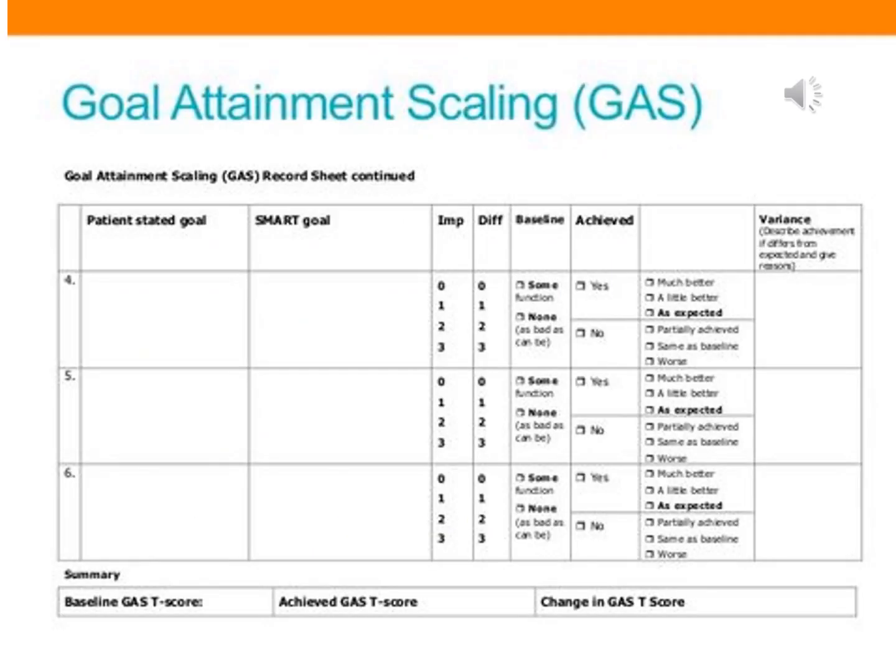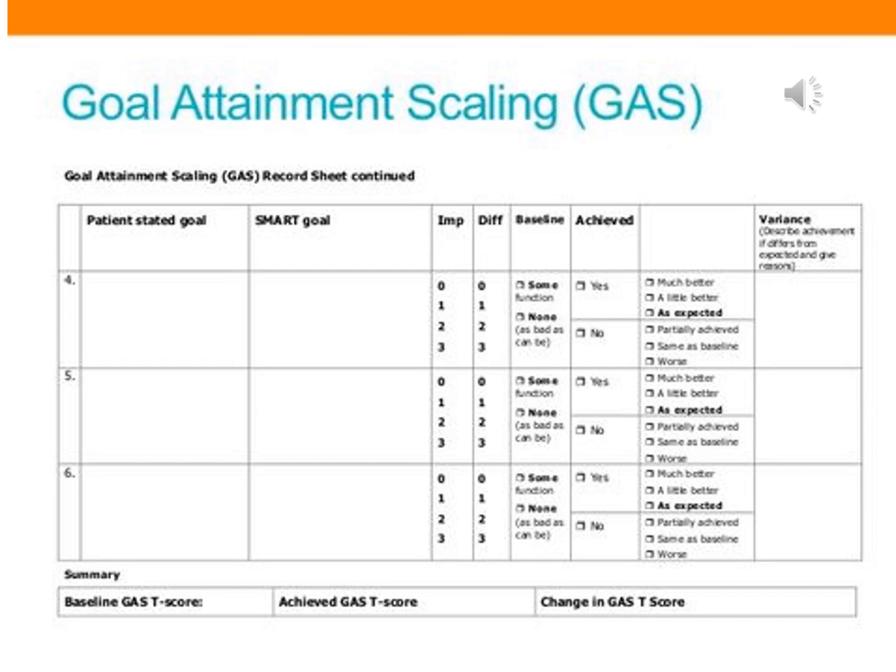This last slide on the goal attainment scaling shows a sample score sheet, and you can see from this score sheet the different domains and areas that we talked about. So you have your patient stated goal, and then the therapist writes the goal in the SMART format. The importance is listed there, and the difficulty, that's what gives you your weight value by multiplying those two.